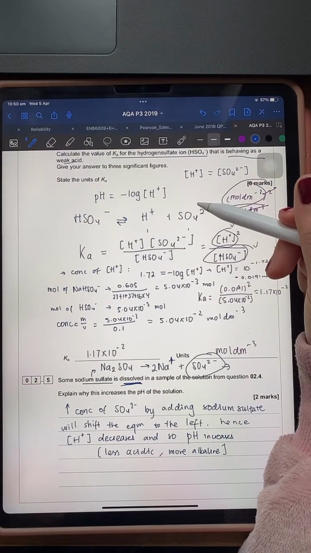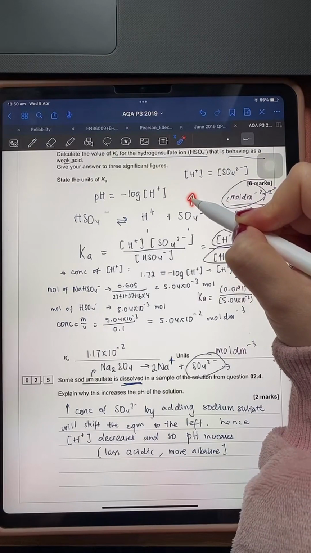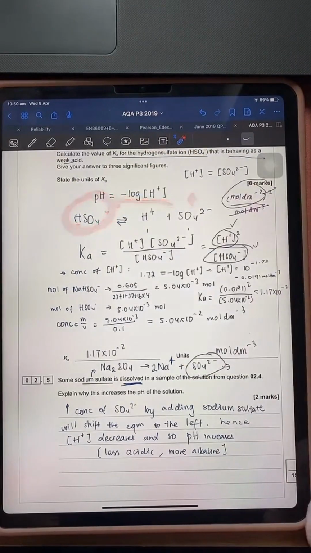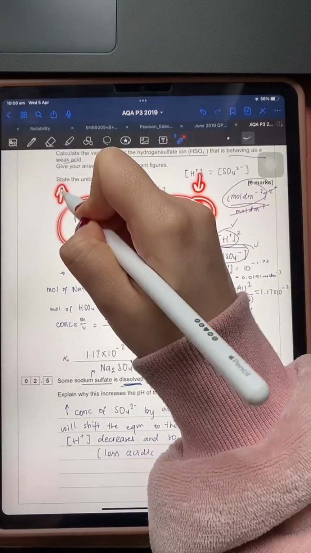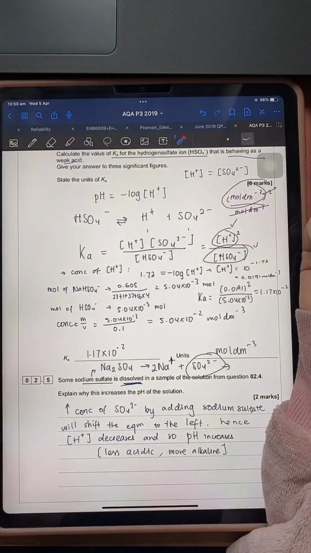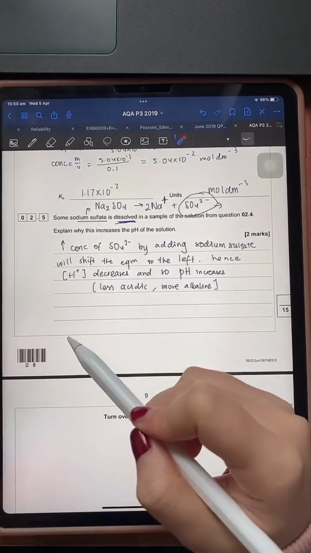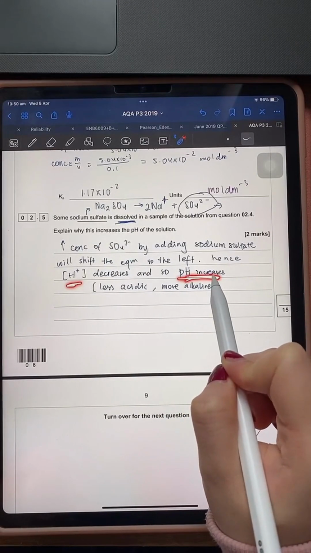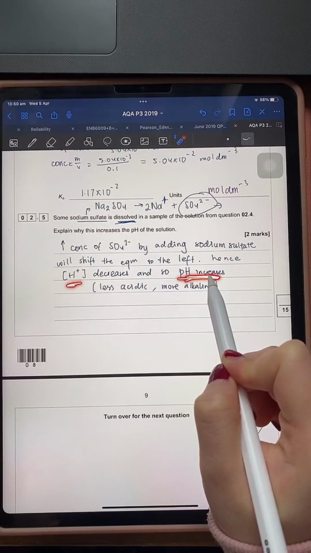Increasing the concentration of SO4 will shift the equilibrium to the other side, to the left. And so you get more of this one, less of these ones. And if you have more of the left side, less of the H plus, pH will increase because you have less hydrogen ions. Hydrogen ions make things more acidic. So if you have less of it, it will become more alkaline.